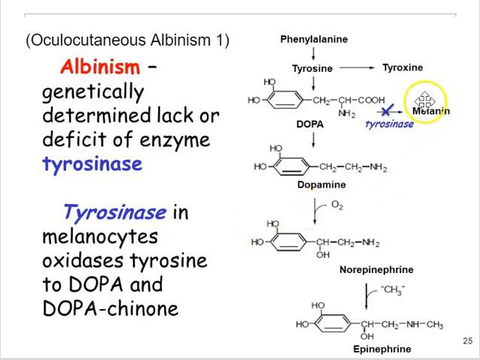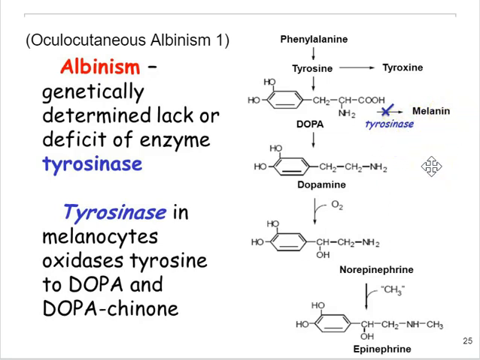So if you were trying to put genetic symbols to the genotype of an albino individual, you might choose the letter A, and you might say that the big A dominant allele is the wild type gene or allele that produces working tyrosinase. So big A genotypes will not be albino. Little a, fully recessive, will be albino because they have two mutant non-functional tyrosinase genes, no melanin.